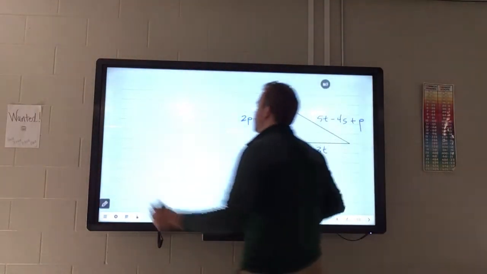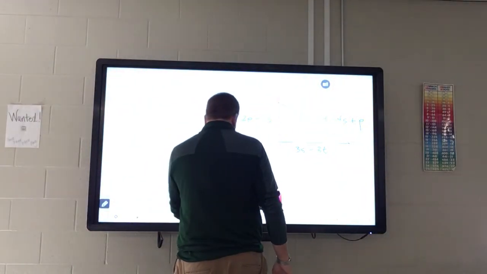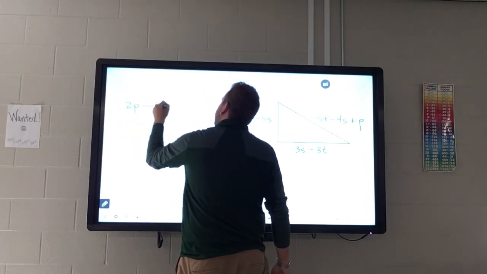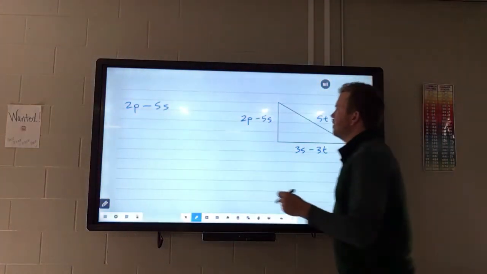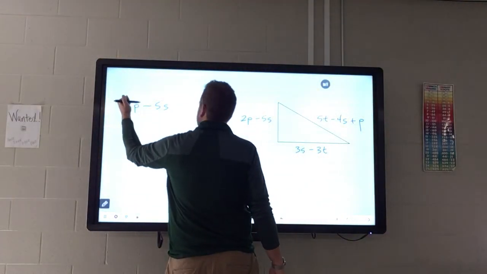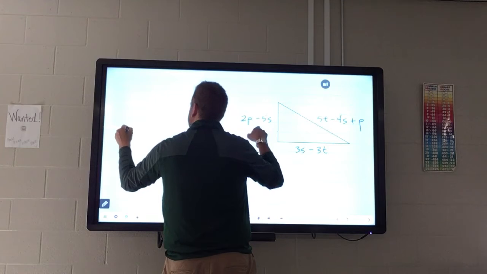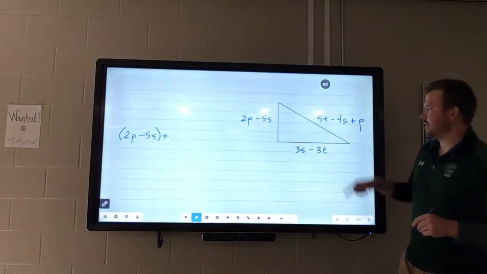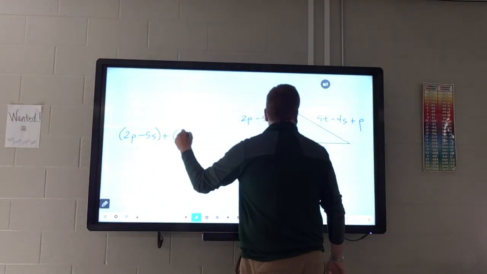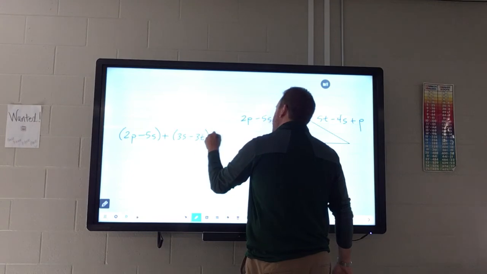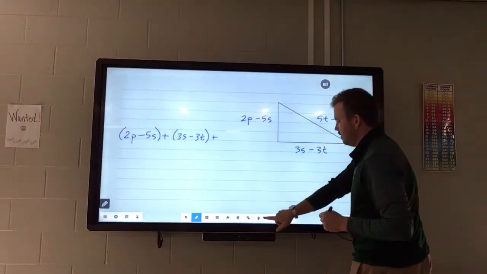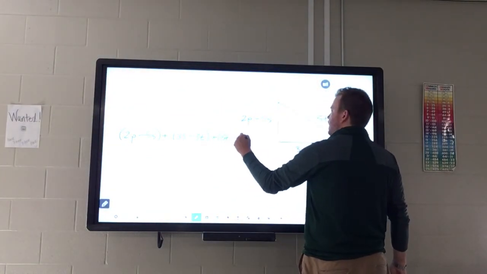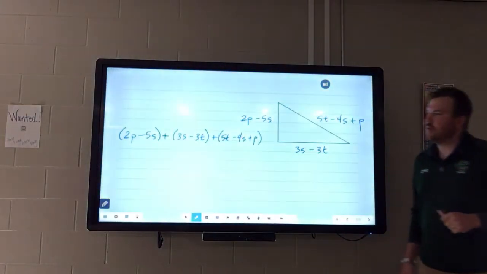So we have 2p minus 5s plus 3s minus 3t plus, and then my final side here, 5t minus 4s plus p. And we need to add all of this together.